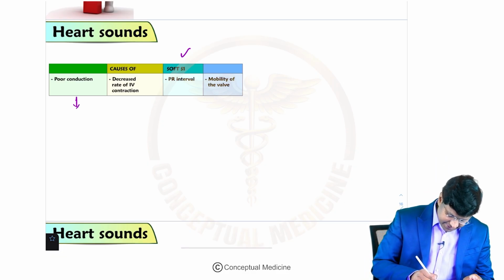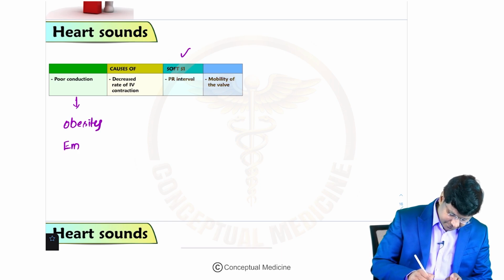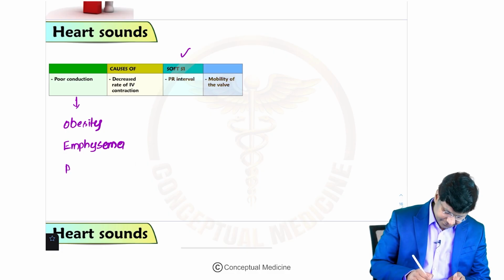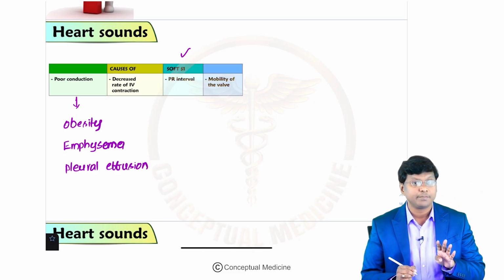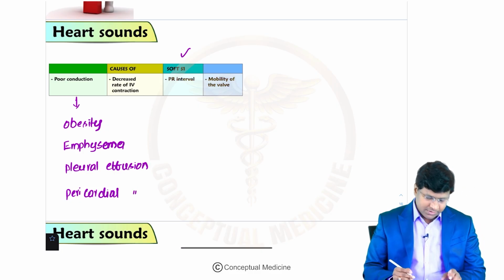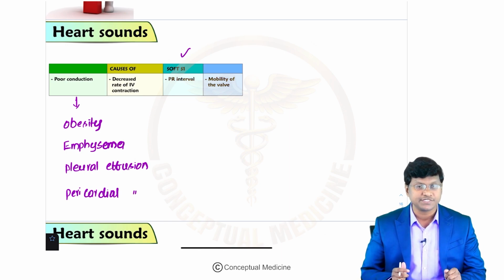These conditions include obesity, number 2, emphysema, number 3, pleural effusion, number 4, pericardial effusion.